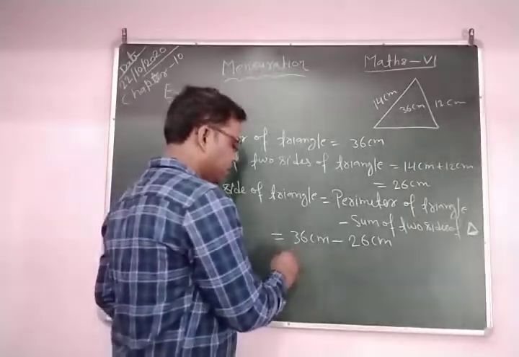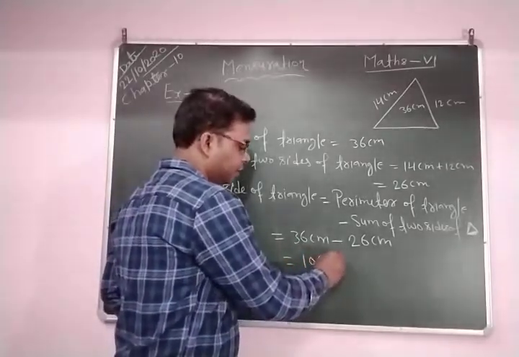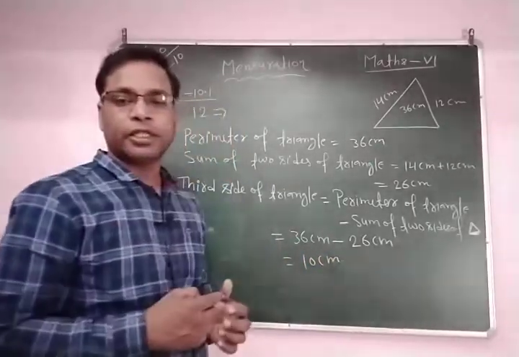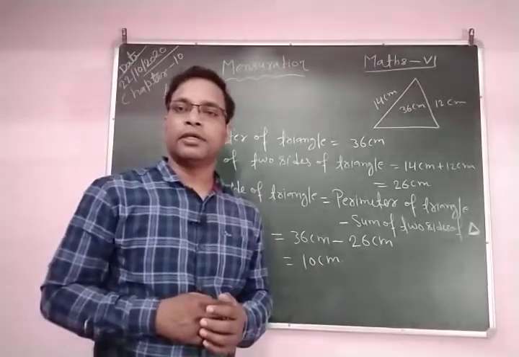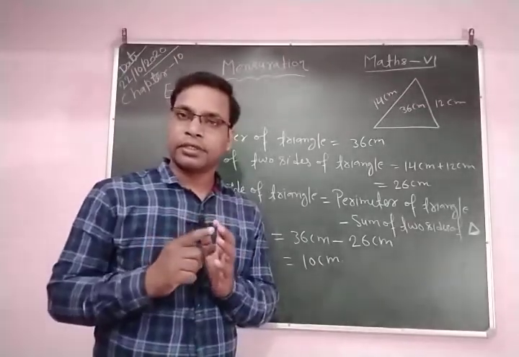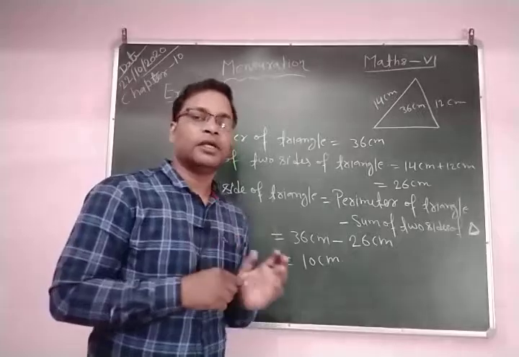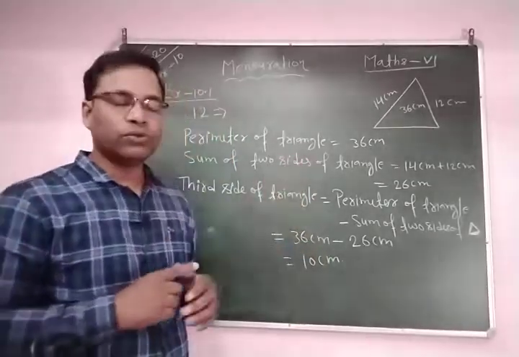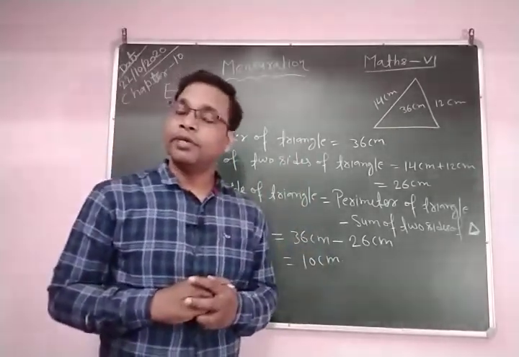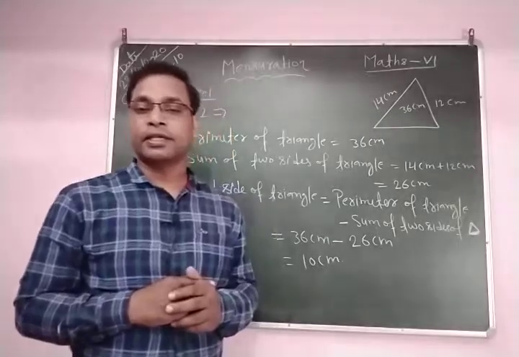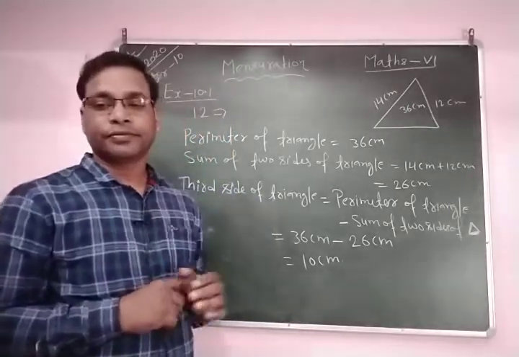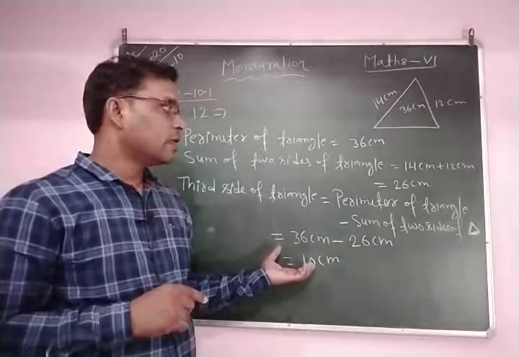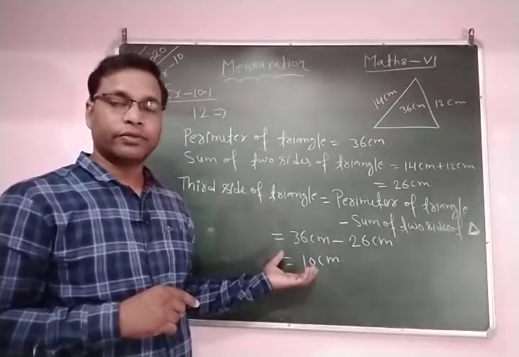Clear? Then we obtain 10 centimeters. This is the length of the third side of this triangle whose two sides are given and the perimeter is 36. Clear? So students, I hope all have understood this question very well.